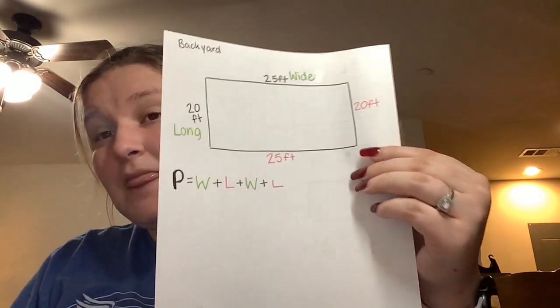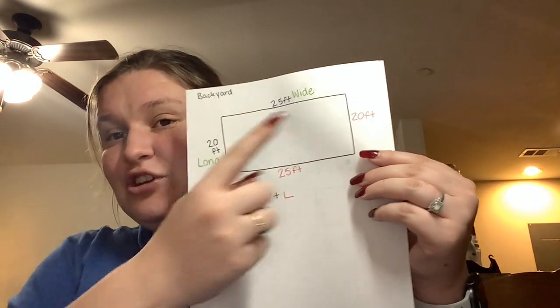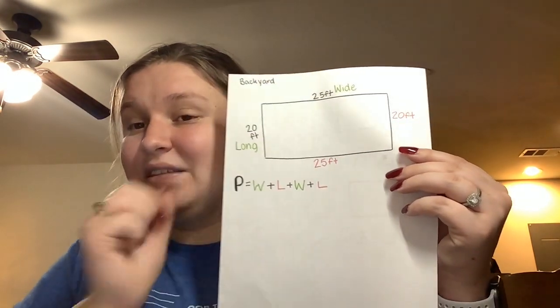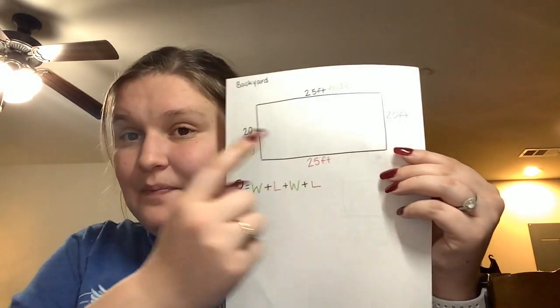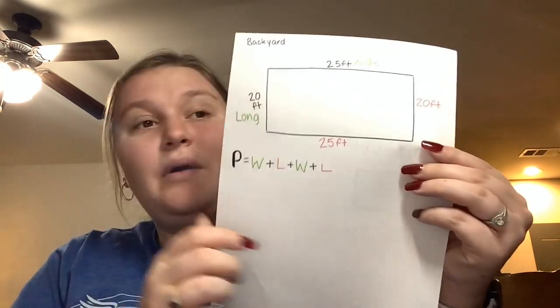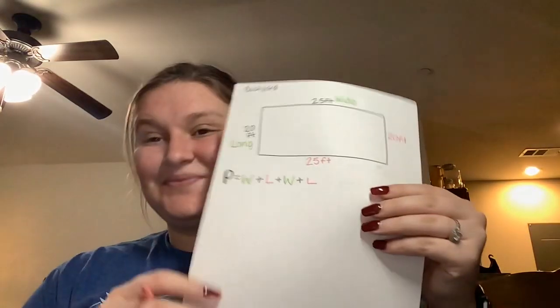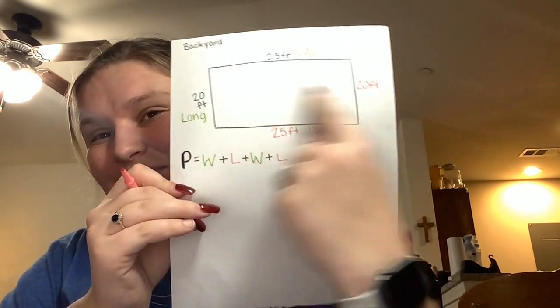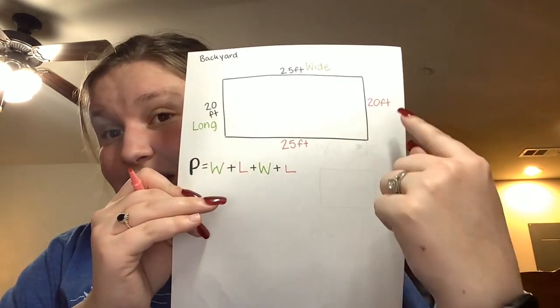Yes. So we have two sides, and these are our lengths. So are they the same? Yeah. So if they're the same, we can write how many, okay. We have two lengths, and are they the same?